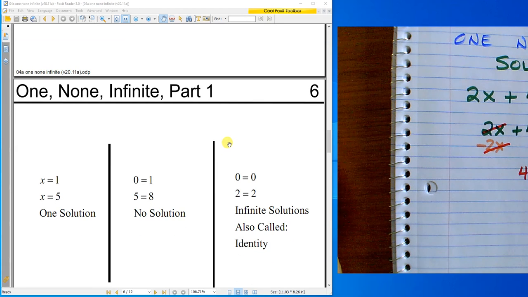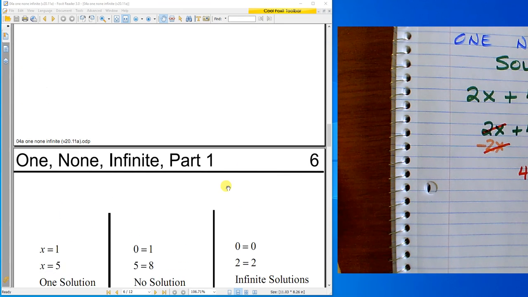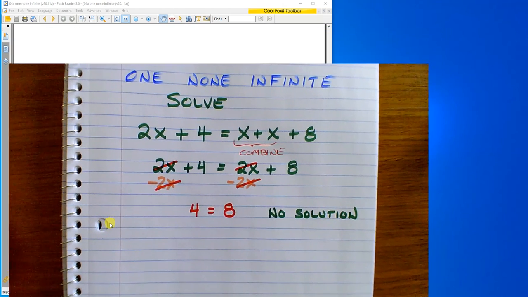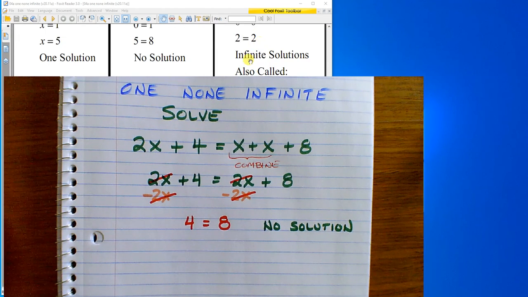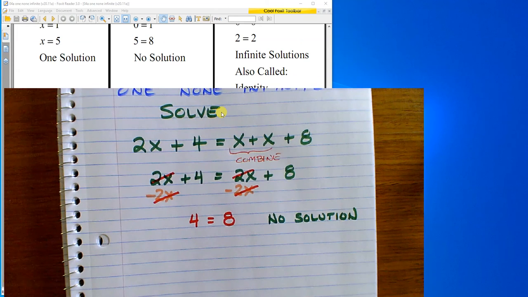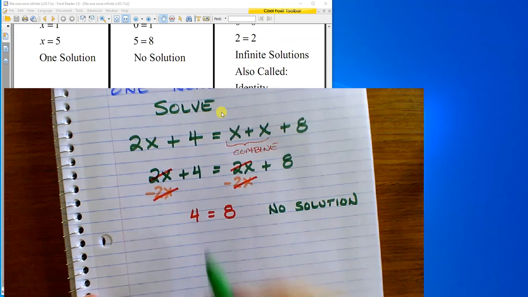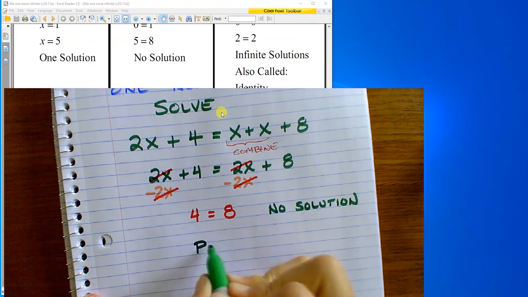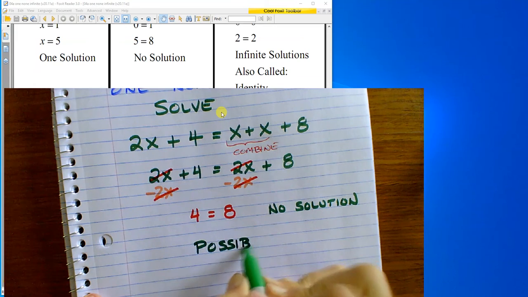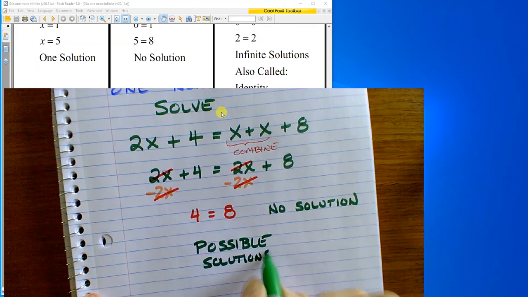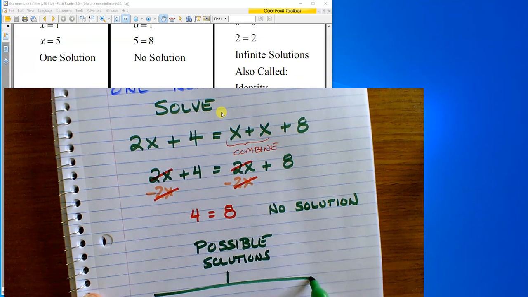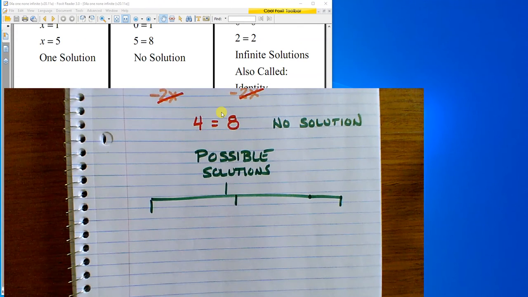Well, there are 3 possible things that could happen. We'll get this into our flow map. Actually, we'll make a tree map for this. So, possible solutions. 3 things could happen here.